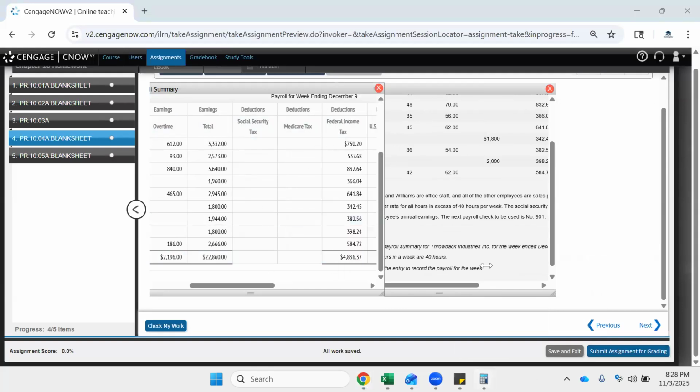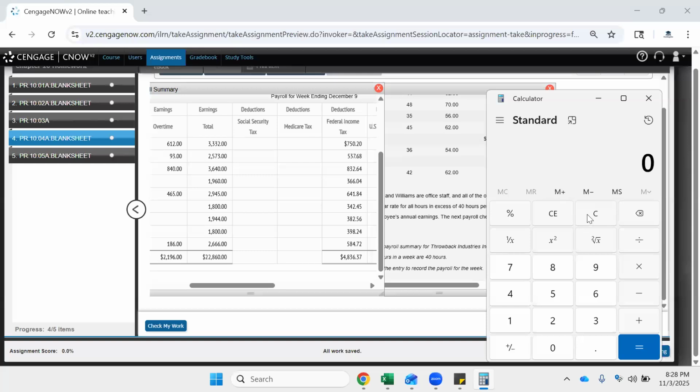So we're going to multiply our total earnings by those amounts.